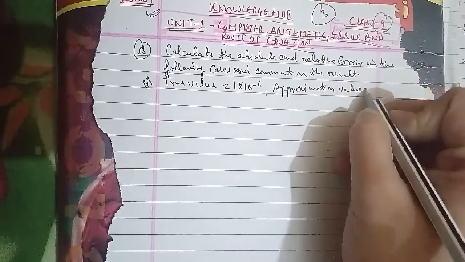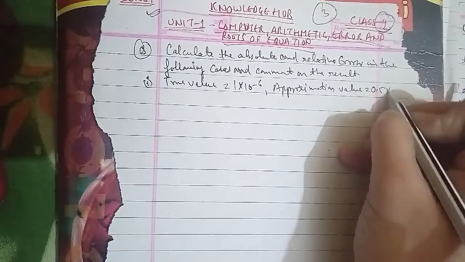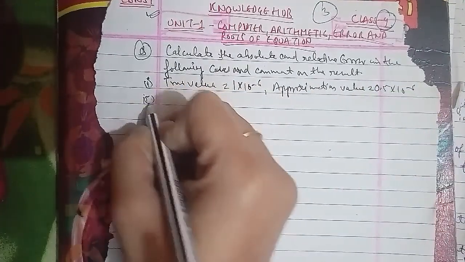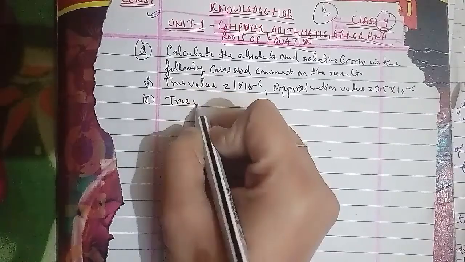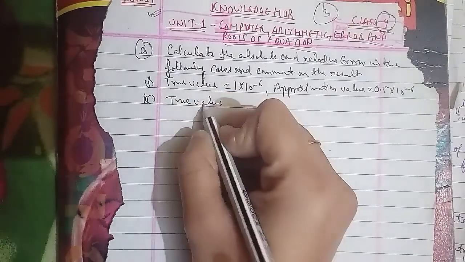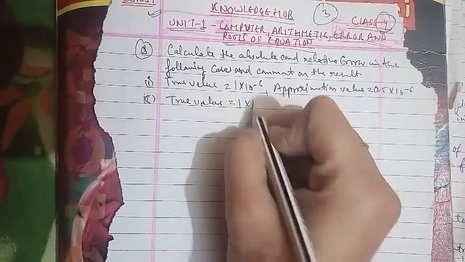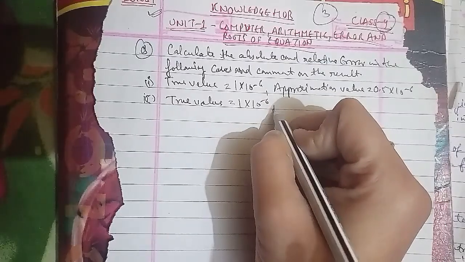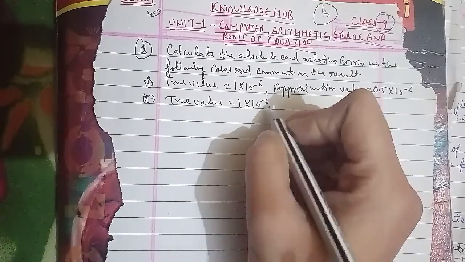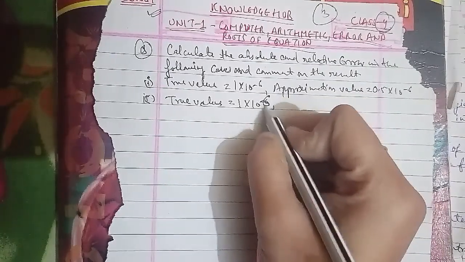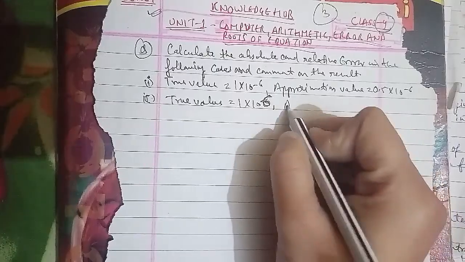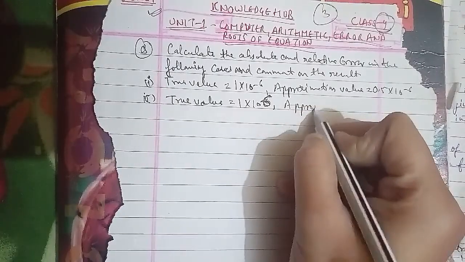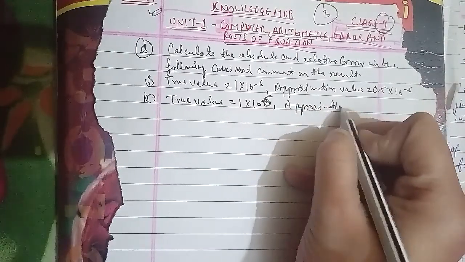And second, the true value equals 1 into 10 to the power 6, sorry, this is the plus 6 here. So the approximation value equals 0.99 into 10 to the power 6.